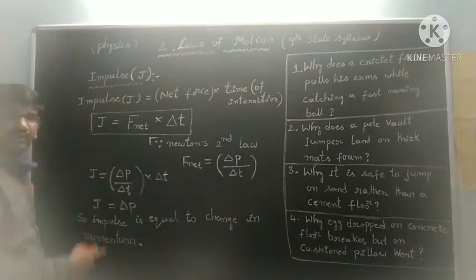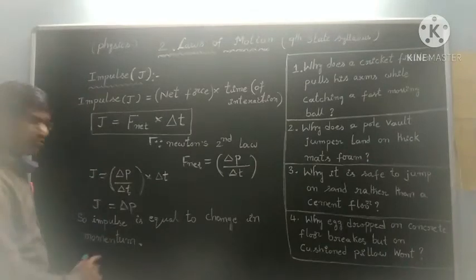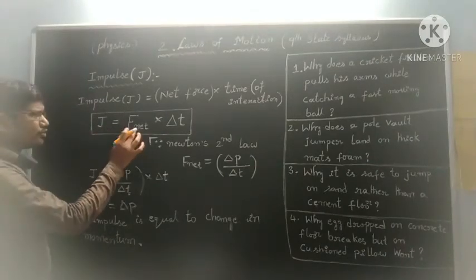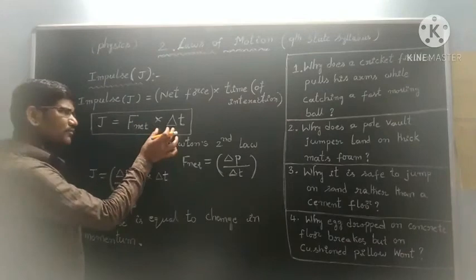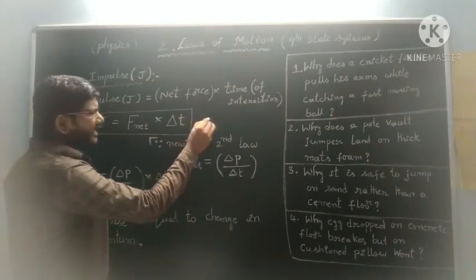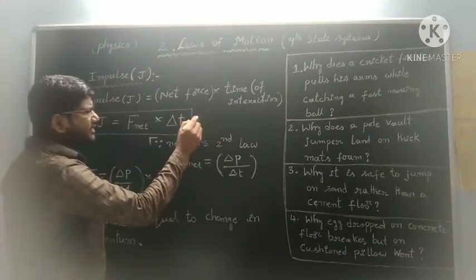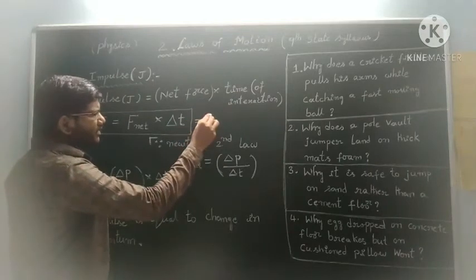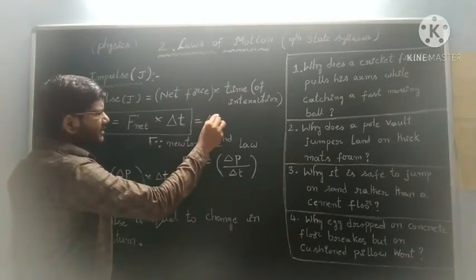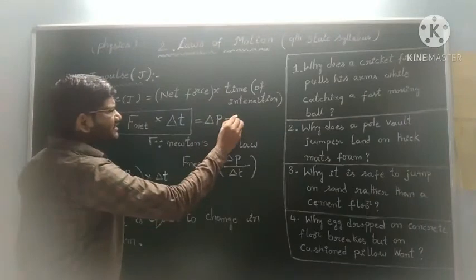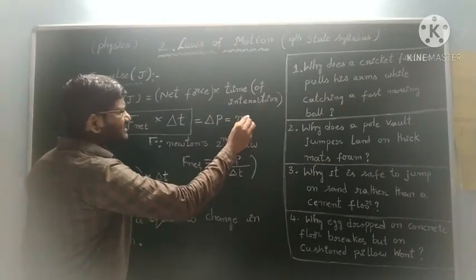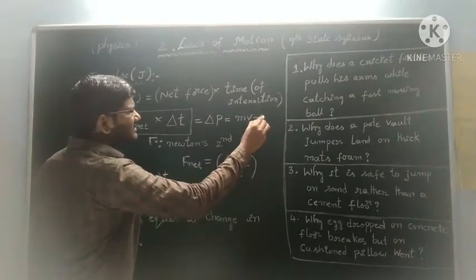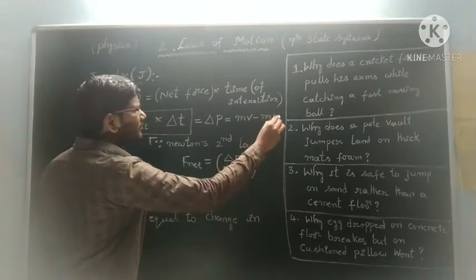Means we can write impulse is equal to the product of force into time, or indirectly it is equal to delta P. This delta P you can write as mv minus mu also.